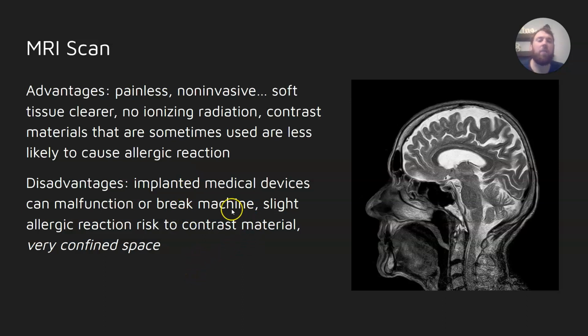But the problem is if this patient has any implanted medical device that could malfunction or break the machine because it'd be magnetized to the actual machine itself, we would not be able to get this patient an MRI. And any slight allergic reaction risk is going to happen with the contrast material. You just have to know what material you're putting into the patient and if they're allergic.